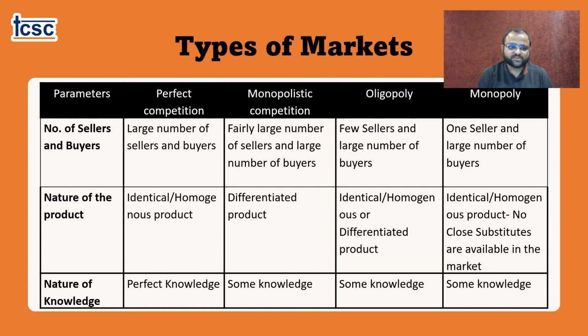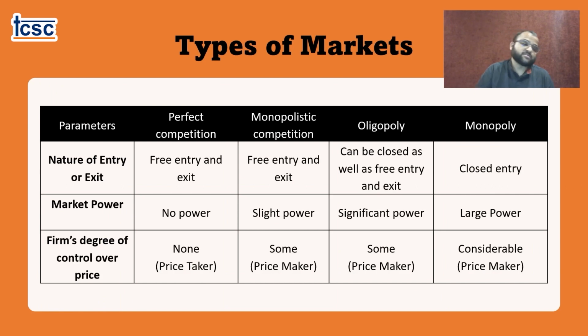In perfect competition, the nature of the product is identical or homogeneous. In monopolistic competition, it is differentiated. Oligopoly is homogeneous as well as differentiated, while monopoly is identical but with no close substitutes in the market. Only in perfect competition is there perfect knowledge, so everyone knows everything, but in all imperfect competition there is some knowledge. So there is some secrecy which allows them to actually enjoy the advantage with respect to price.